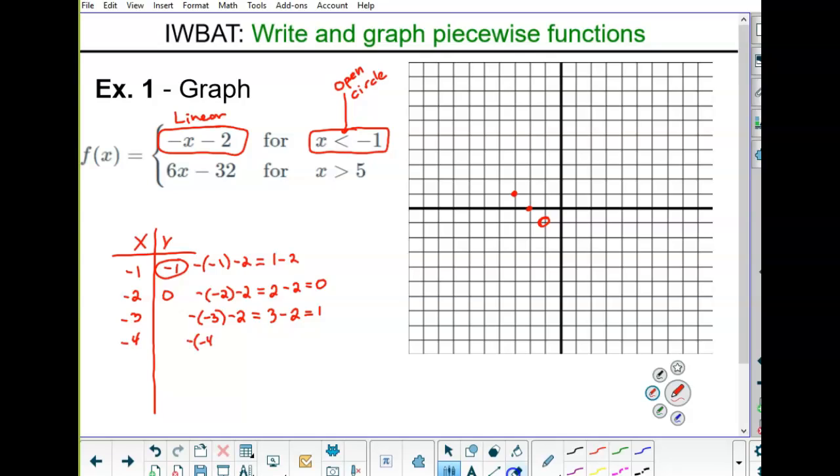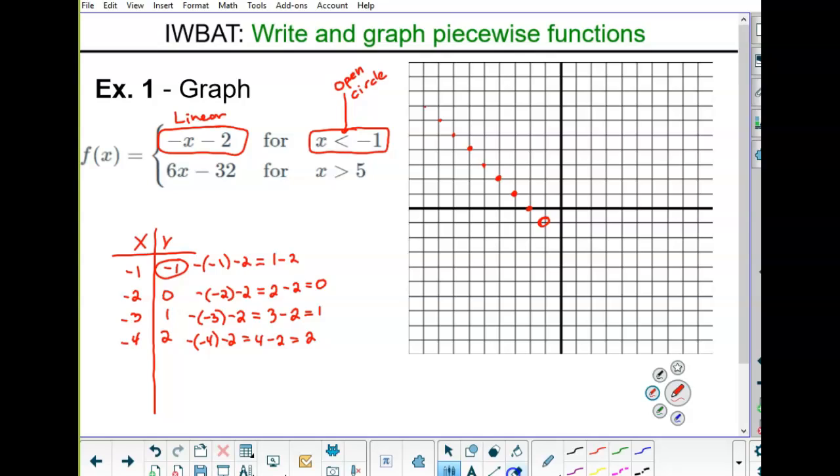And then same thing. Keep graphing, and you're going to just plot those points. But hopefully you notice the pattern. Go over -4, up 2. Your slope is -1, so I'm going to go down 1 over 1, down 1 over 1, but I'm going to follow that pattern in the other direction.